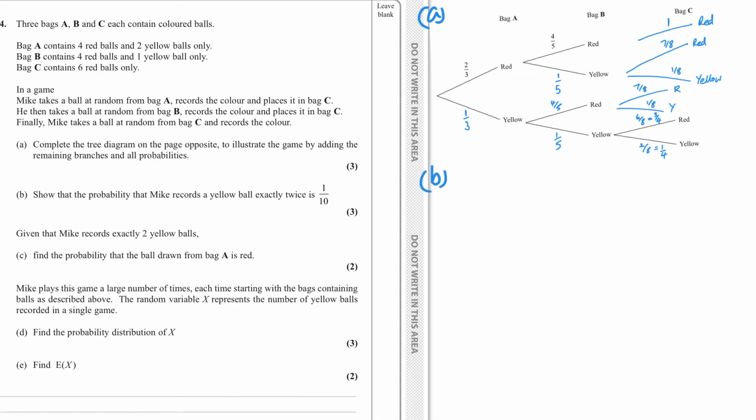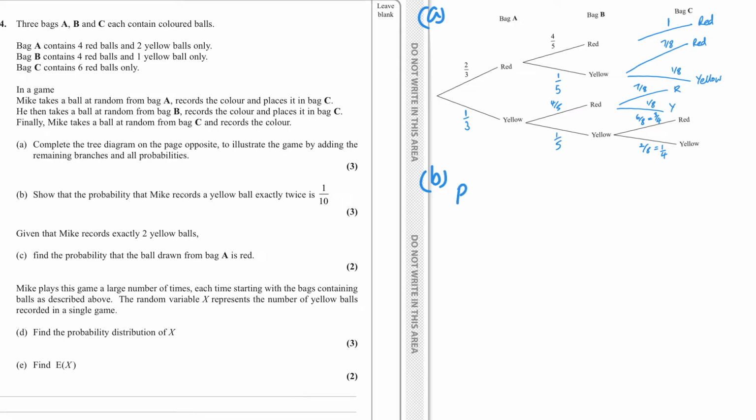Now, Mike has exactly a yellow ball twice. So 2 yellows. So I've got to go red, yellow, yellow, or yellow, red, yellow, or yellow, yellow, red. So those are my options.